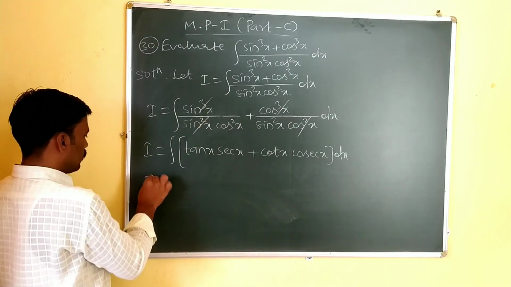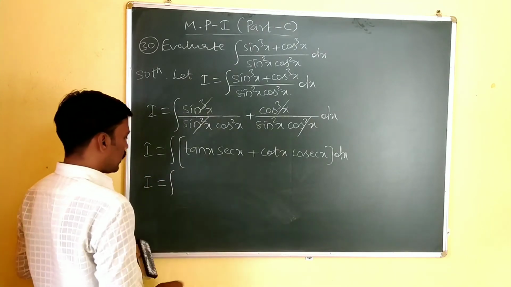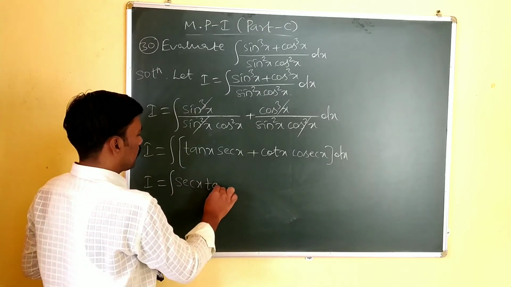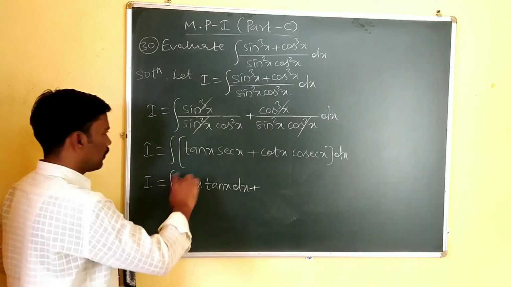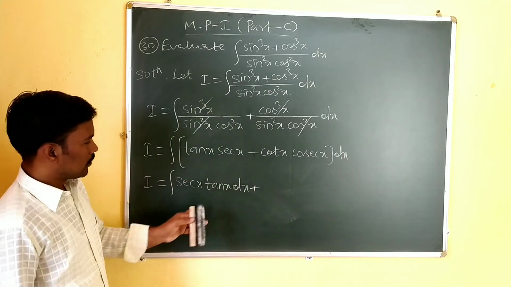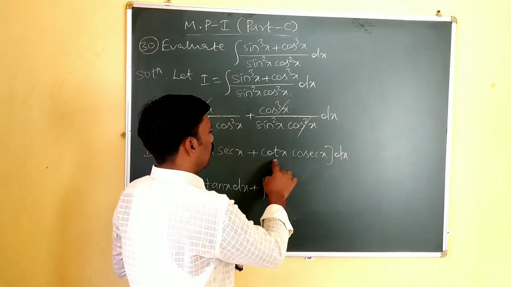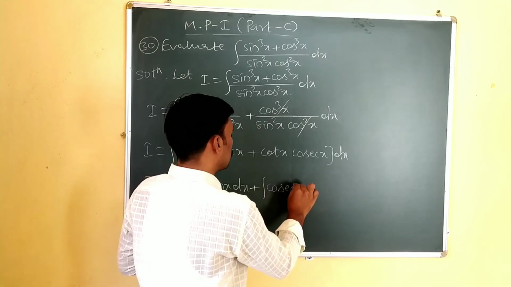Now I is equal to the integral of tan x into sec x, which can also be written as sec x into tan x, plus, applying the integral for these two terms separately, the integration of cot x into cosec x, which can also be written as cosec x into cot x.